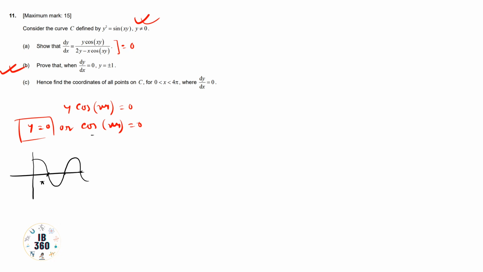The values of these points are pi by 2, then 3 pi by 2, and so on. So basically the value of x is pi by 2, 3 pi by 2, 5 pi by 2, and so on, (2n plus 1) pi by 2. This is the condition on x for this complete equation to be 0.